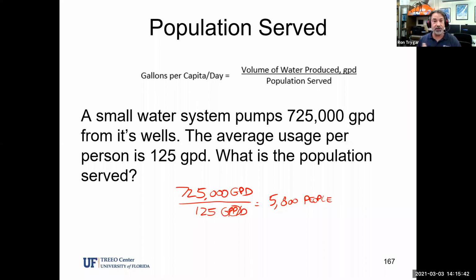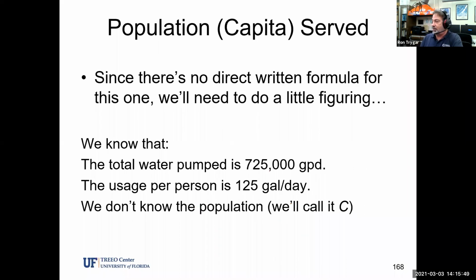So that's how we would work some of this stuff out on the administrative side of things. Since there's no direct formula for this one, if we wanted to figure it out, like I said, we just have to turn the math around, and that's what we just did. So this is the tutorial on that.